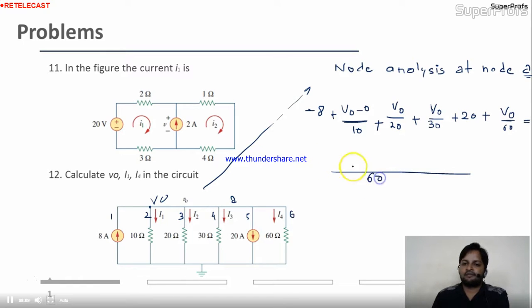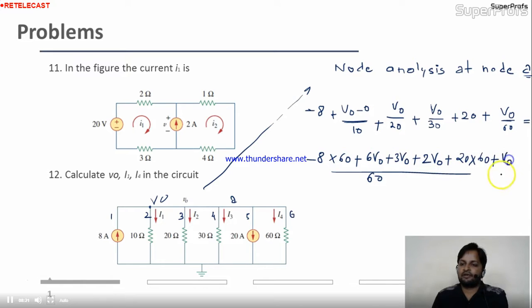You can take LCM 60. It is -8 into 60 plus 6 V0 plus 3 V0 plus 2 V0 plus 20 into 60 plus V0 alone equal to 0. How many V0 do we have? 6, 3, 9, 11 and 12. 12 V0.